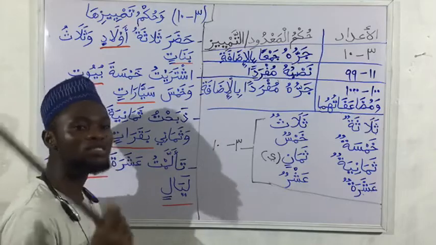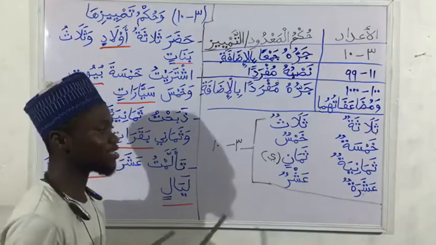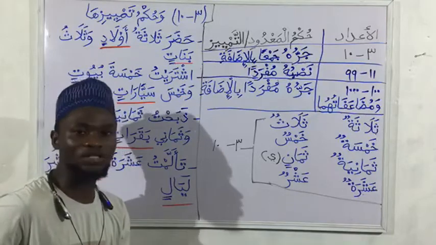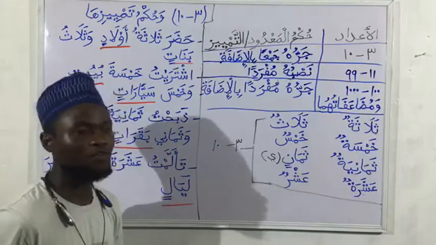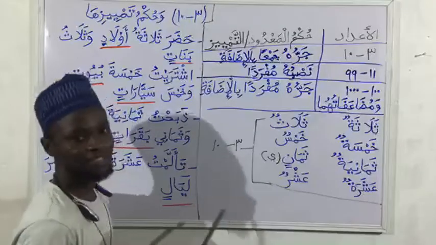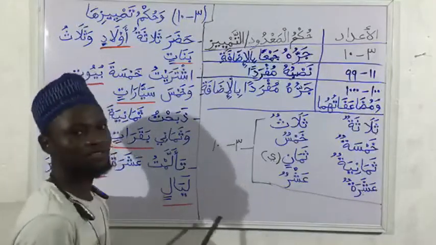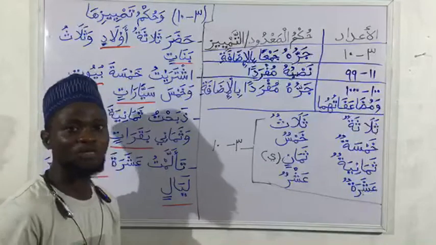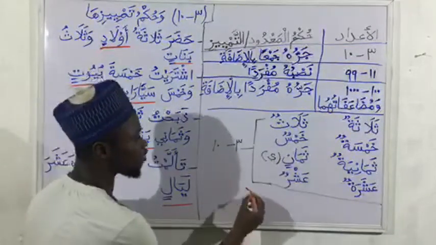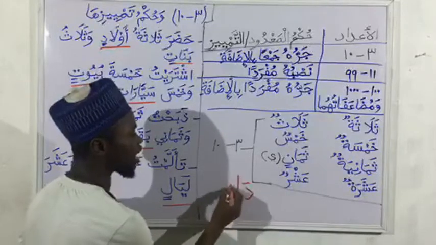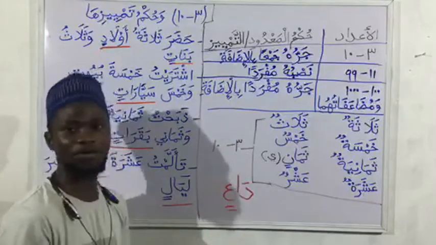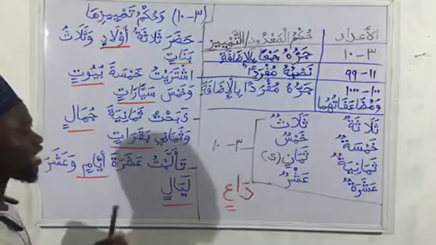If you remember manqus, those are nouns whose ya, their harful illa, will be hidden. For example, when you say da'in, you have ain taking kasra. You have da'in, that is a caller, a caller to the path of Allah.